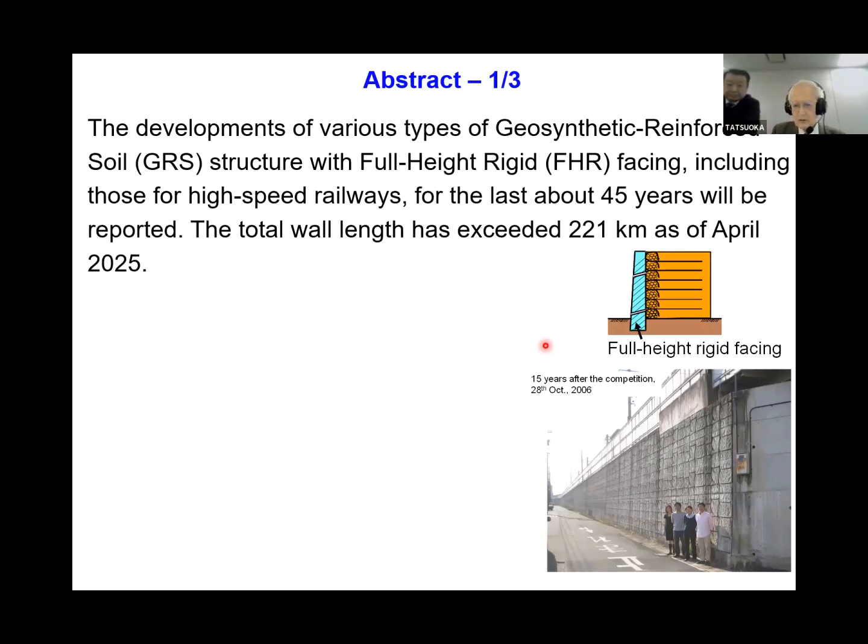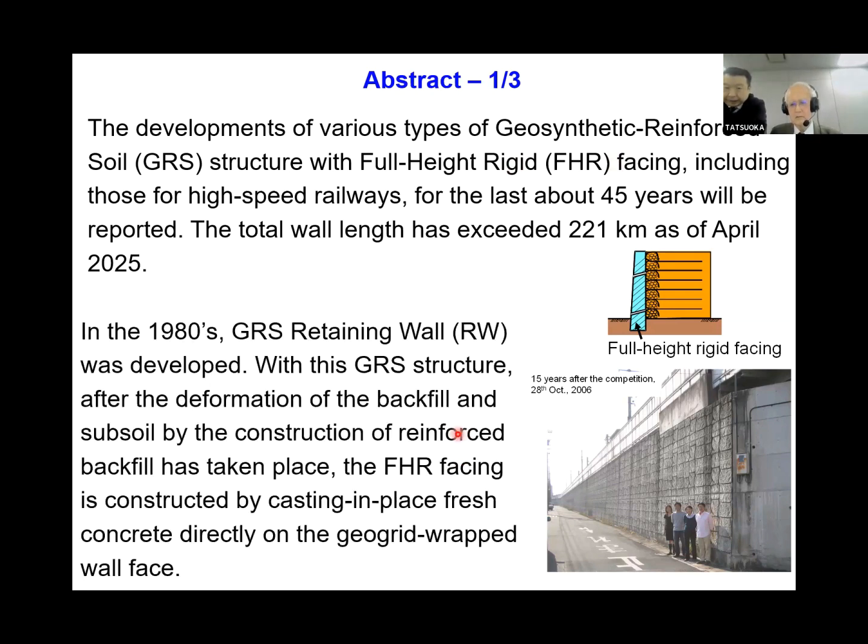In the 1980s, GRS retaining walls were developed. With this GRS structure, after the deformation of the backfill and subsoil by the construction of reinforced backfill has taken place, the full height rigid facing is constructed by casting in place fresh concrete directly on the geogrid wrapped wall face.